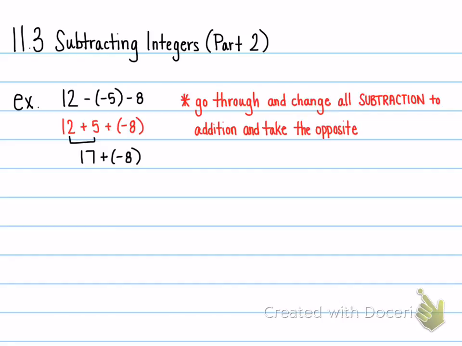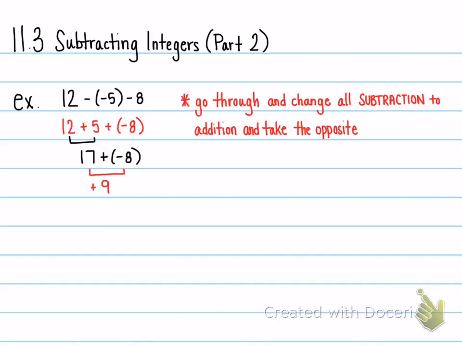And now I have different signs. So when the signs are different, I subtract, and we give the sign of the bigger absolute value. Do I have more positives or negatives? In this one, I have more positives, so my answer is positive 9.